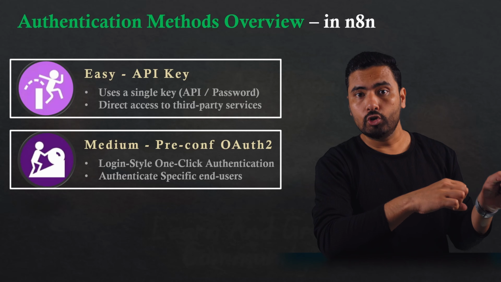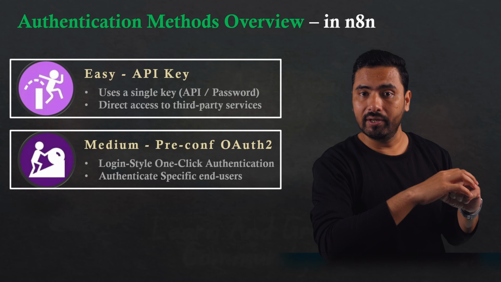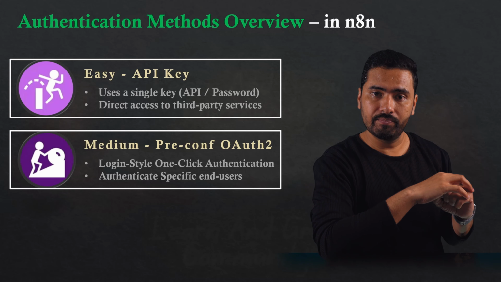But for me, when I was trying to connect from the n8n self-host, it took additional steps to connect with the Google services first. And then I entered my Gmail ID and password. So this is called application level authentication and user level authentication. And you have to provide both of these authentications.